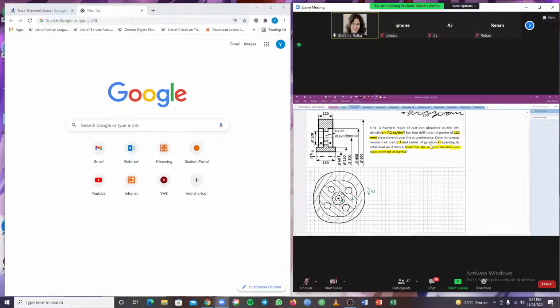The drill holes would be the third, and this one, the fourth. According to the figure given, this would be the fourth, this would be one of the drill holes.